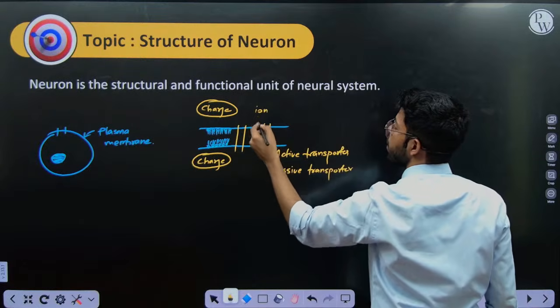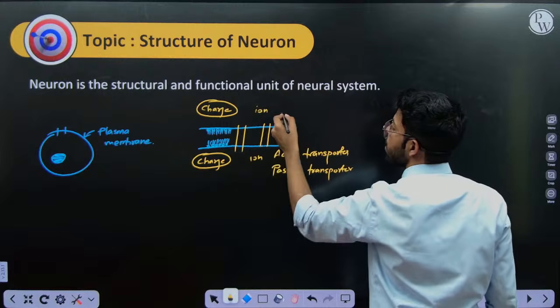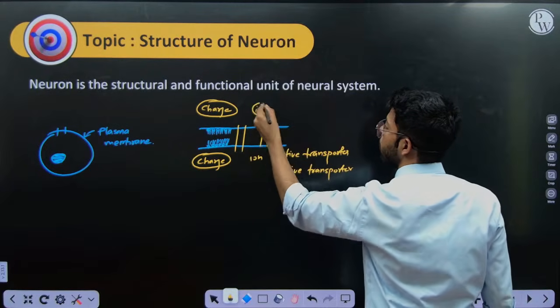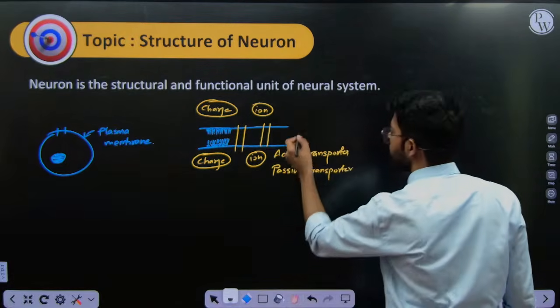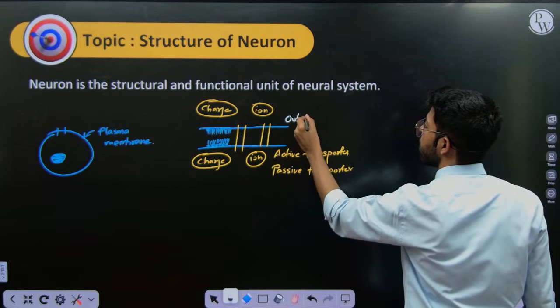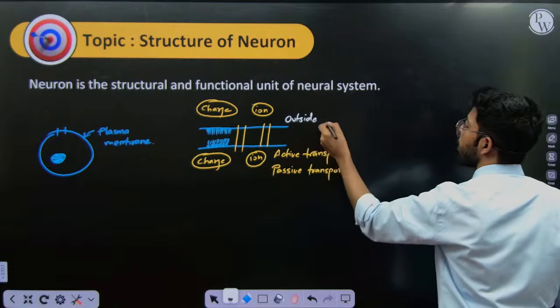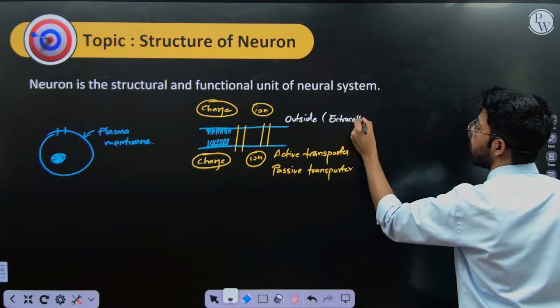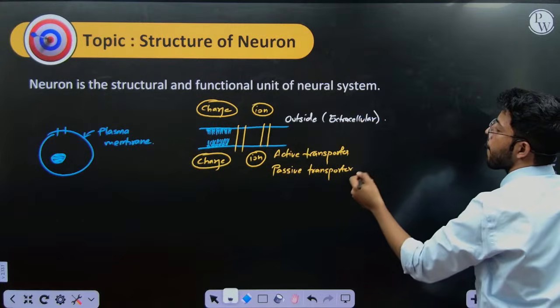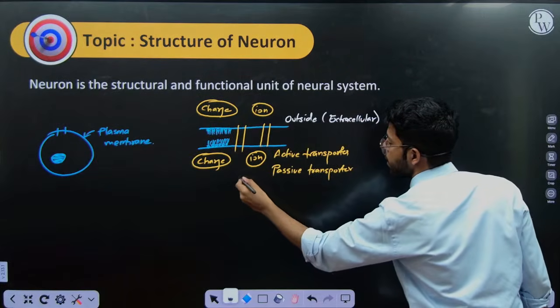According to the ionic concentration inside the cell or outside the cell. And this is the outside of the cell, that is extracellular, and this is the inside, that is intracellular.